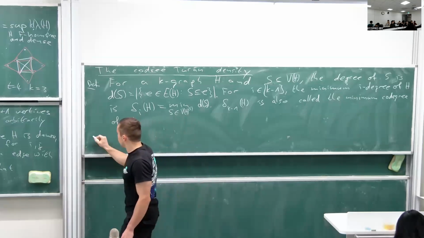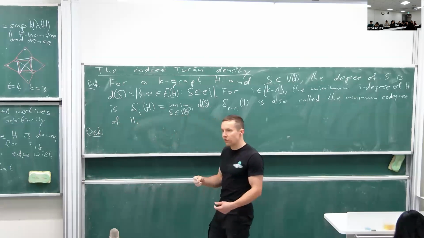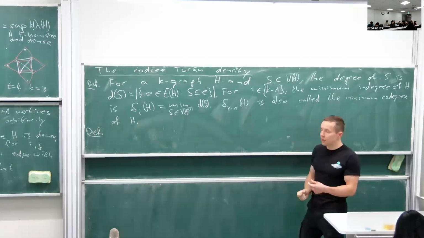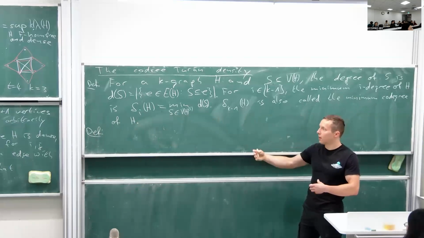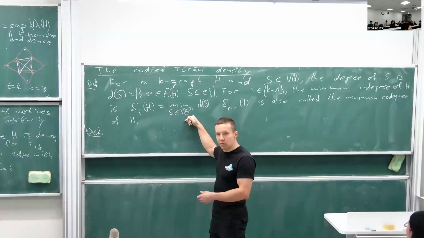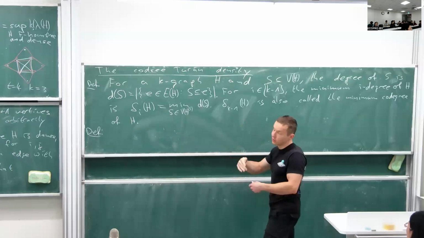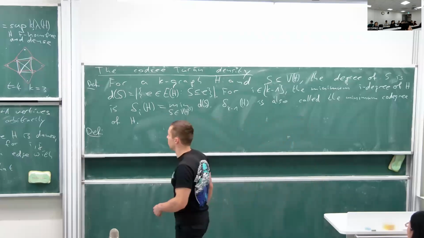And now we can define again the extremal number, but now the extremal codegree number, as the maximum minimum codegree such that we still have an F-free graph with that minimum codegree.